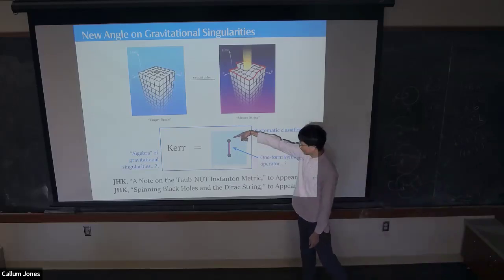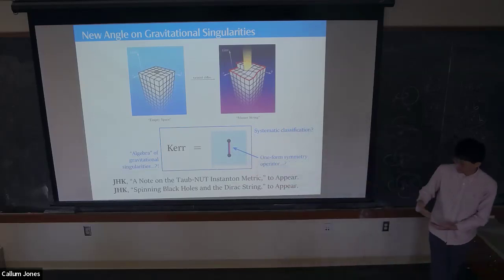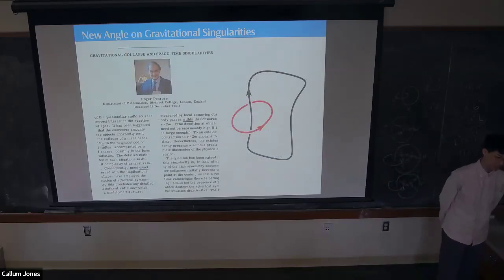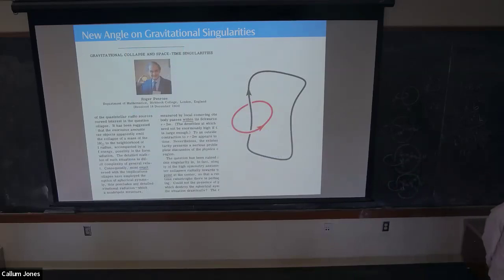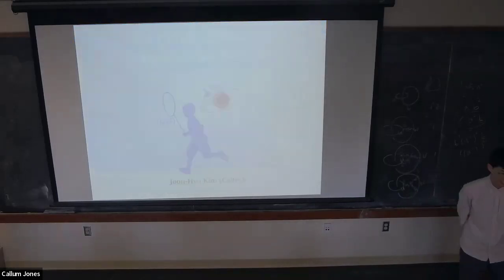Here we see that black holes are endpoints of a topological defect. So there might be a new angle on the old study of space-time singularities in terms of our brand new exciting framework of higher-form symmetries and topological operators. Thank you for listening.